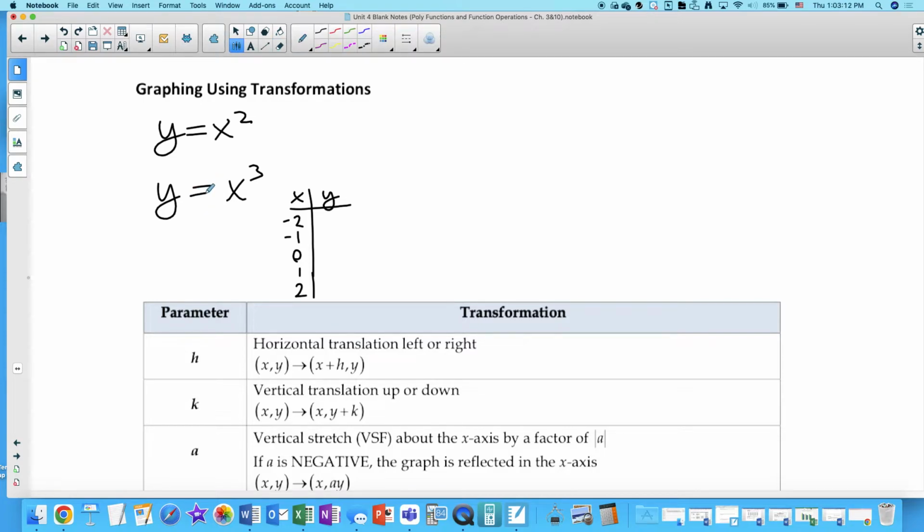Okay, so -2 cubed is -8. -1 cubed is -1. This is 0, 1, and 8. Okay, so just keeping some points in mind, just like when you're graphing a quadratic, you know, -2, -1, 0, 1, 2, and we remember 4, 1, 0, 1, 4. Same sort of idea, right? This is going to look like this. And this one's going to look like this.